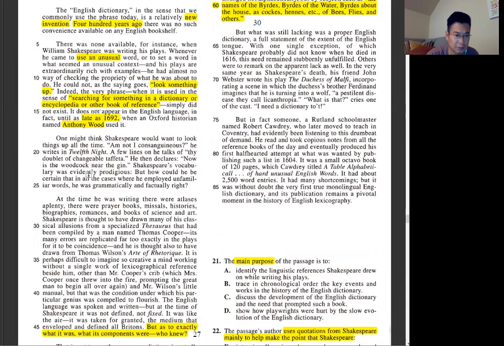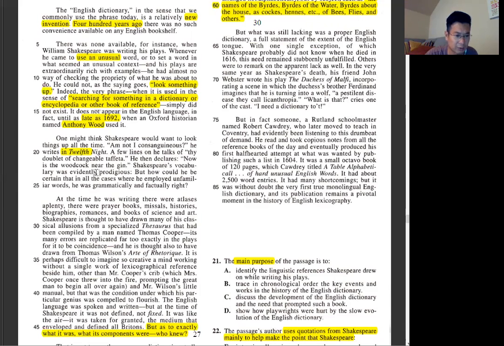And then 18, one might think Shakespeare would want to look things up all the time. Am I consanguineous? Right, Twelfth Night, a few lines he talked about, a doublet of changeable taffeta. And clear now it is woodcock near the green.